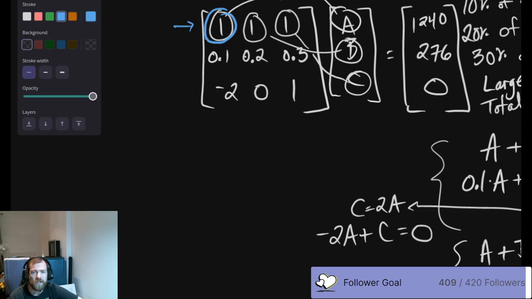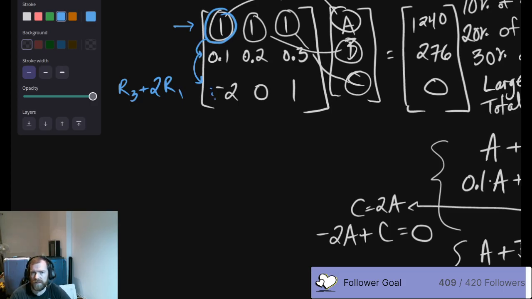Now we need to change all the rows below. The easiest one to do is our third equation. So if we take our third row and then we add 2 of the first row, we're going to eliminate that first variable in that third position on the third row.